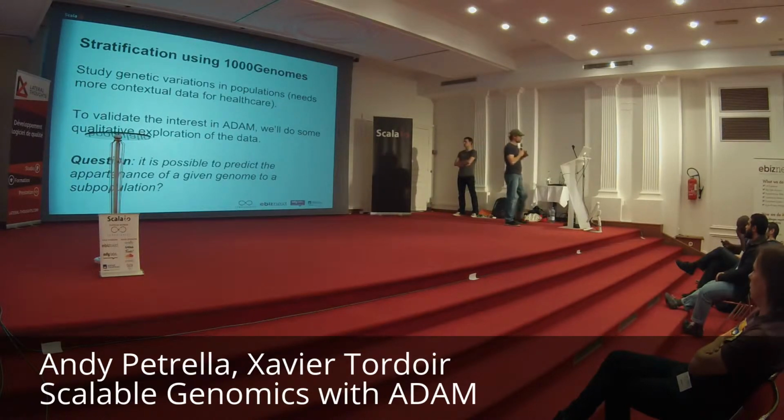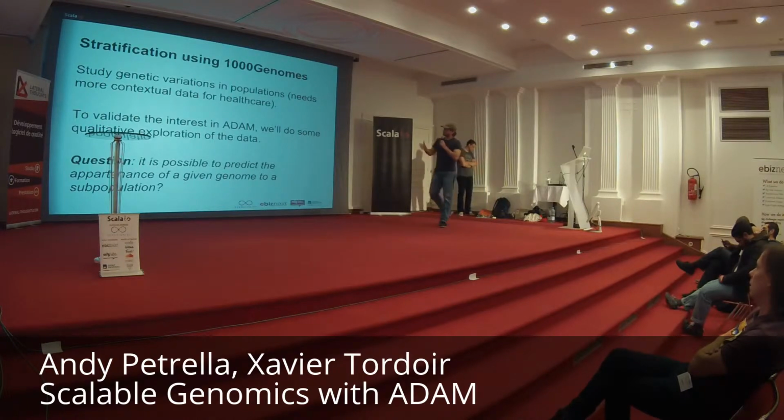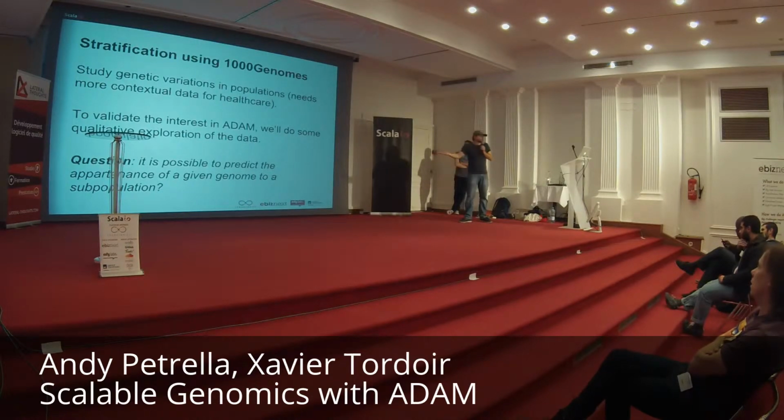So it's huge. The goal of this project, as I said, is that they wanted to see the genetic variation between the populations in the world. And so we took this dataset, publicly available and high quality, and we tried to validate ADAM itself for several projects that we are involved in.